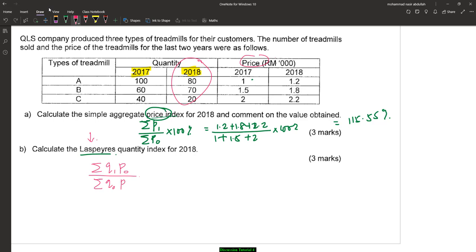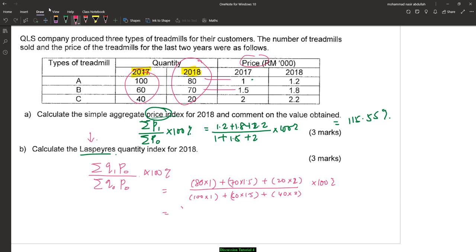So 80 multiply with 1, 70 multiply with 1.5, and 20 multiply with 2, divided by the quantity for the base period, 100 multiply with 1 plus 60 multiply with 1.5, and the last one is 40 multiply with 2. This is multiply with 100%.